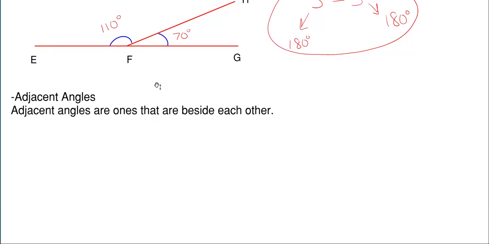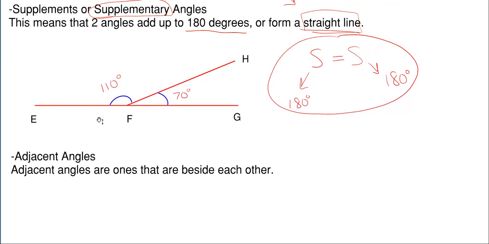So, adjacent angles. Adjacent angles are ones that are beside each other. Just looking at this picture above that we used for supplementary, where we have these two angles of EFH and HFG, we would say that these two angles are adjacent because they're right next to each other.